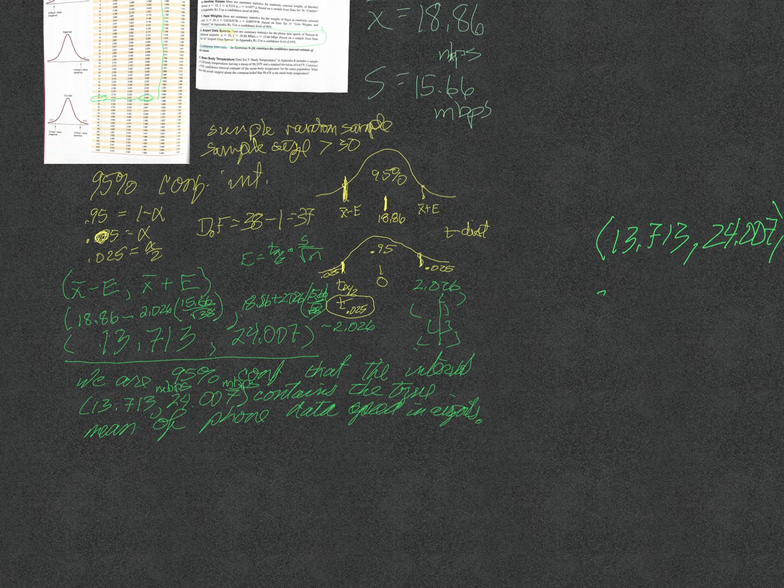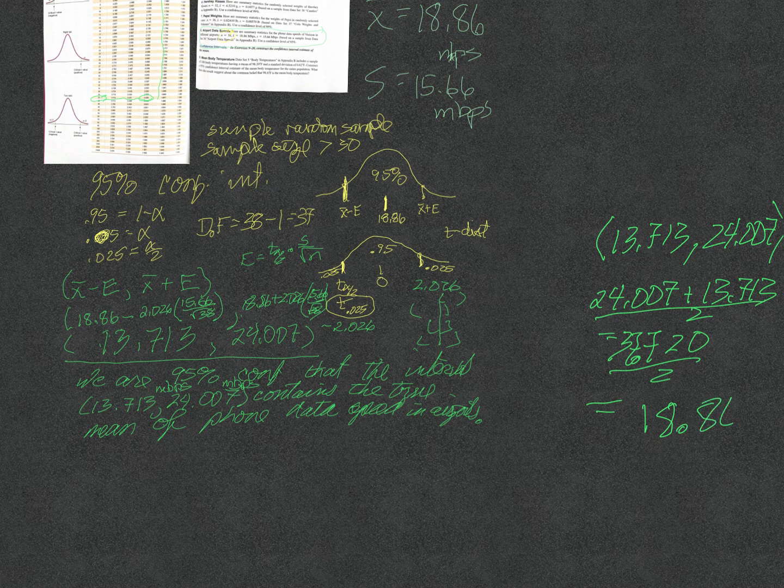Well, first of all, if you take 24.007 plus 13.713, that will equal 37.72, and then if you divide that by 2, you'll end up with 18.86, which would be the sample mean.